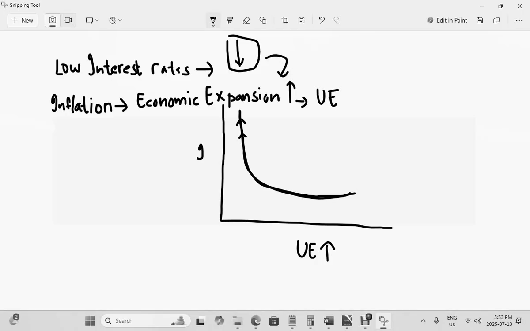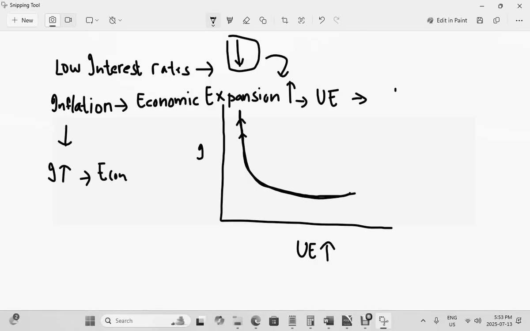Now, the opposite is also true. If the Central Reserve Bank imposes a policy where interest rates are high, what's going to end up happening is your economy will contract.